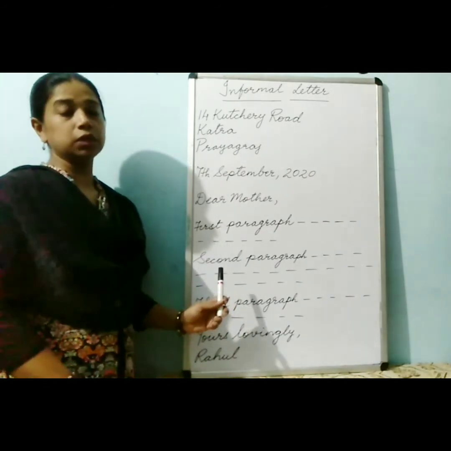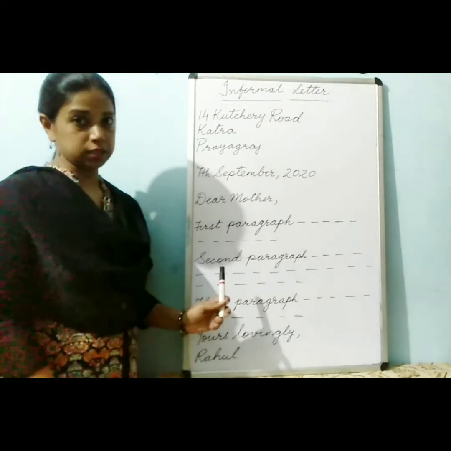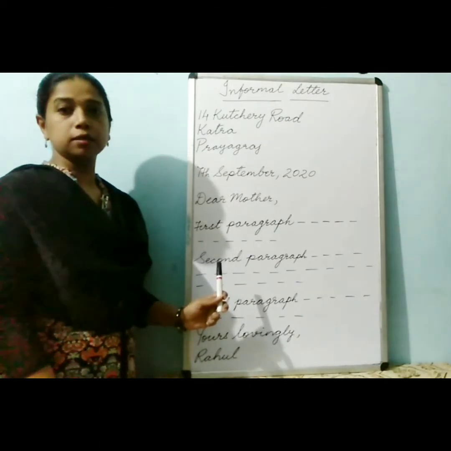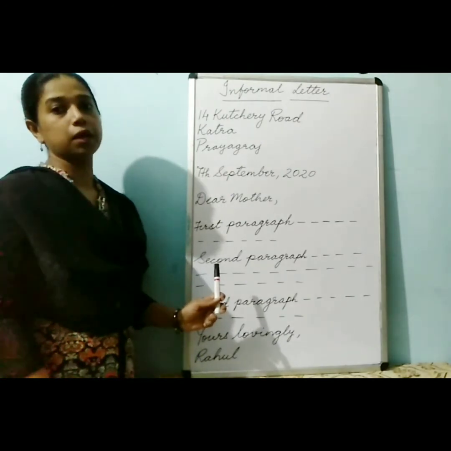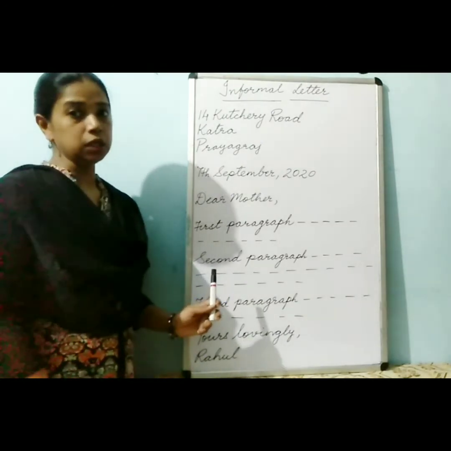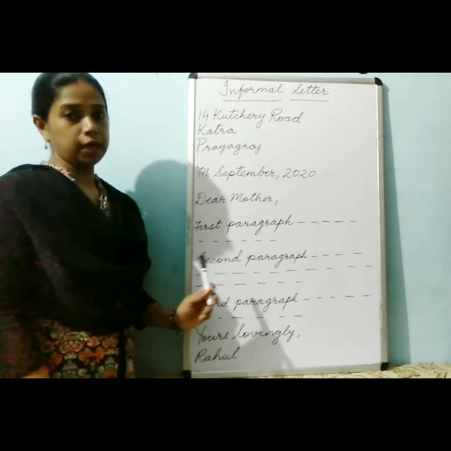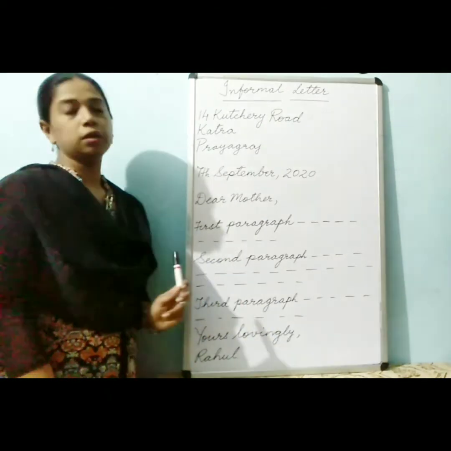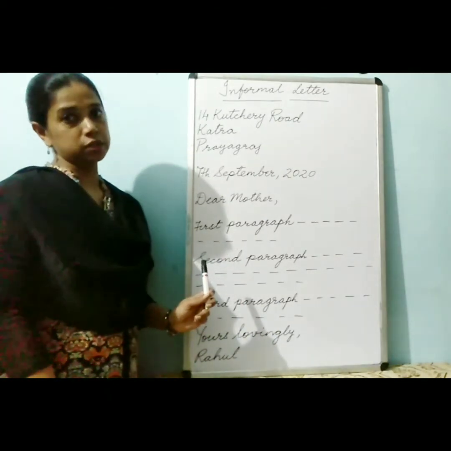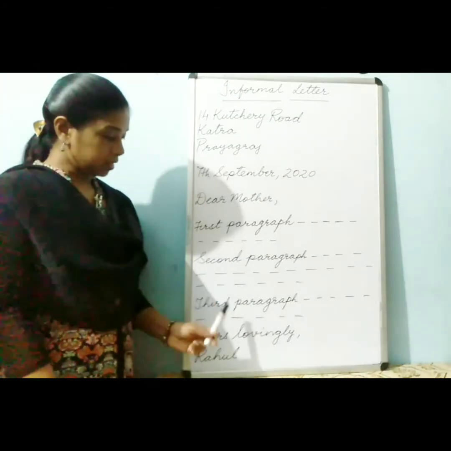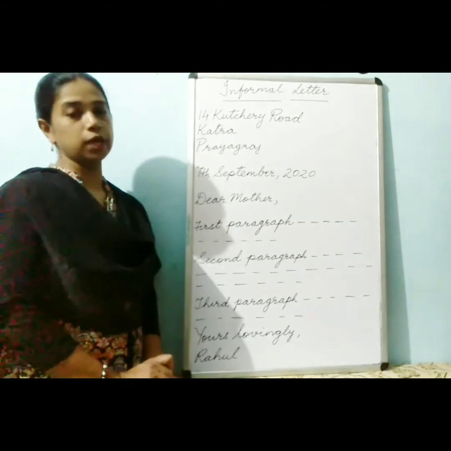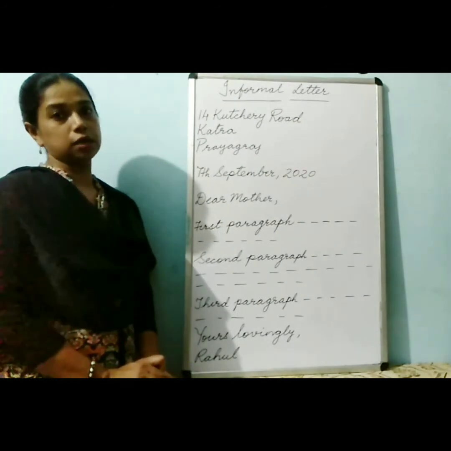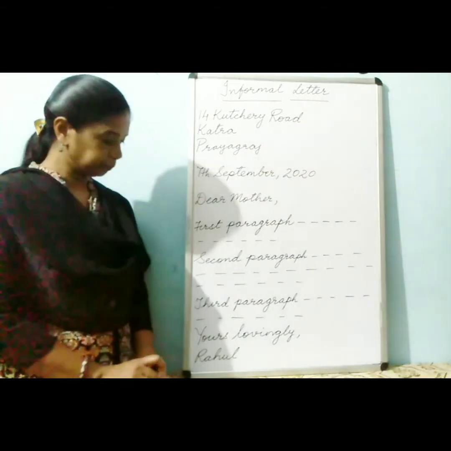Like, for example, I hope that you will understand my opinion and allow me to become a doctor, or support me in fulfilling my dream of becoming a doctor. Like that you will end, something related to the matter that you have already mentioned in the letter. And then you will end with a sentence conveying regards to elders in the family and love to younger ones.